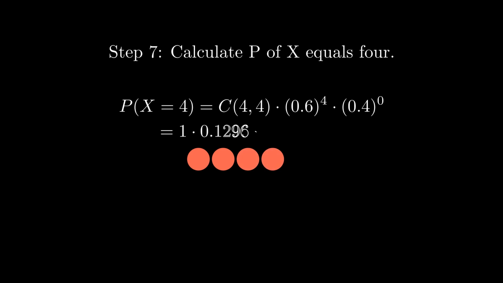Multiplying gives 0.1296. This is the probability of exactly 4 hits. We add it to the previous results next.